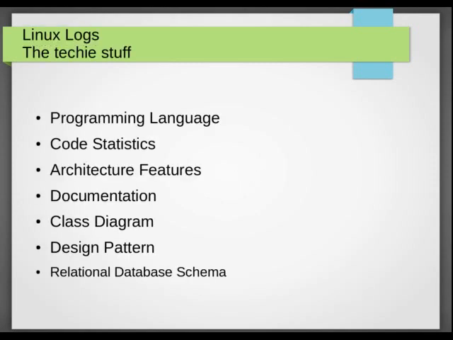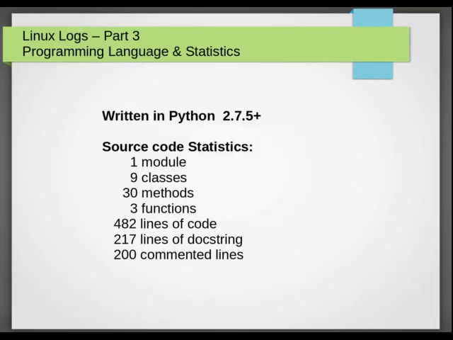This is a short agenda of what this part contains. My final project, Linux Logs, was written in Python 2.7.5. I included a few statistics on the source code just to give you a feel of what's under the hood.